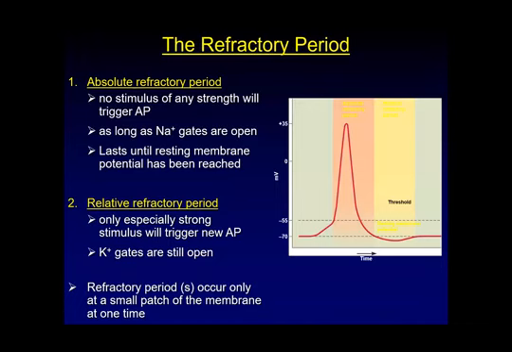Two things to remember here, and then we'll start talking about our signaling stuff. Something called the absolute refractory period and something called the relative refractory period. There is a very small window of time, okay?